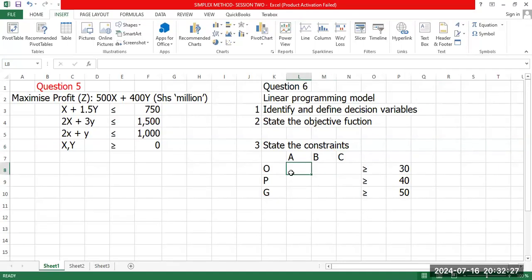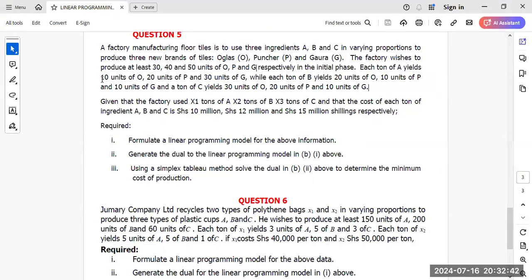Now, they told us that each turn of A yields what? 10 units of O. So you are going to put here 10.